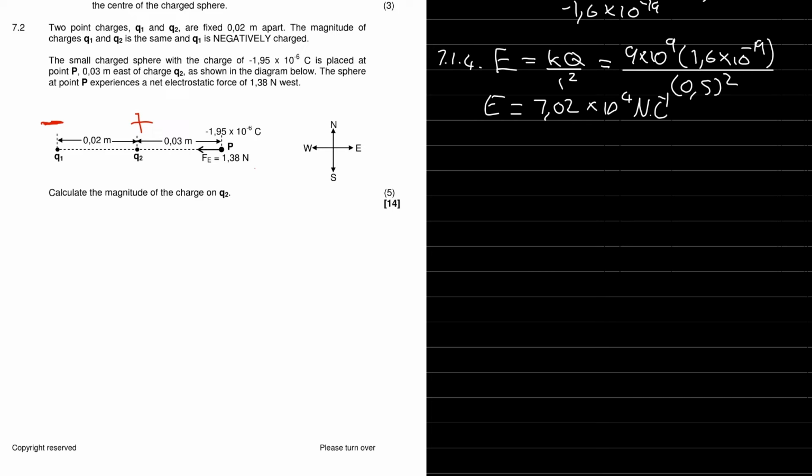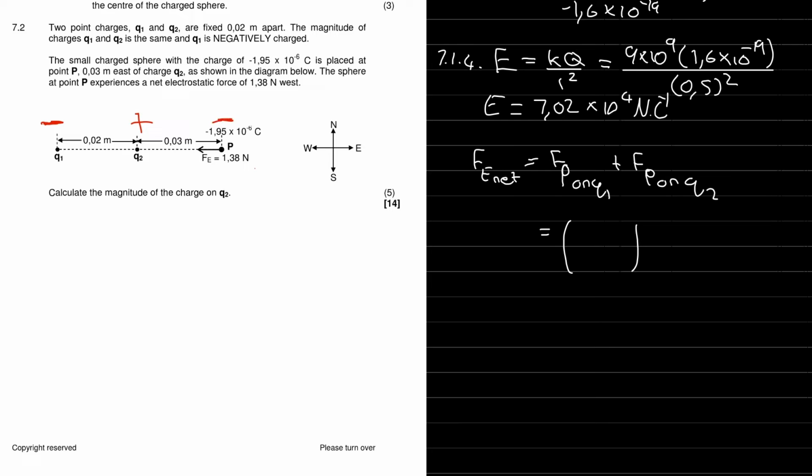So I'm going to relate the information we've been given to what we know. So we know that F electric net is going to equal the F of P on Q1 plus the F of P on Q2. Now, F of P on Q1 is going to be negative because these are both negative.